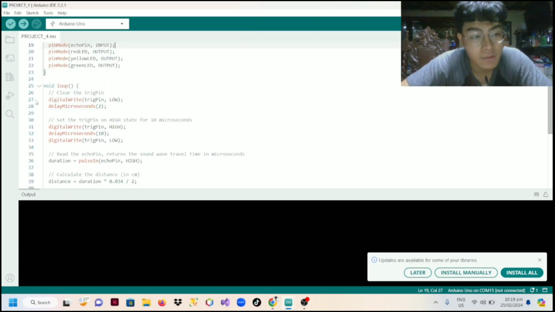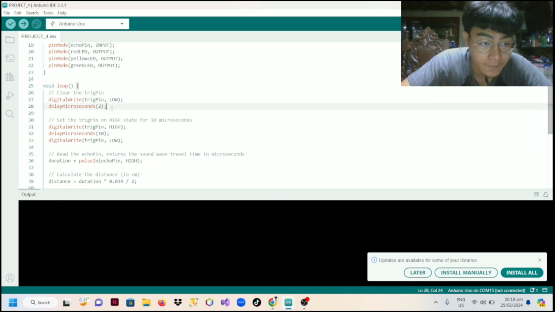Next one will be our void loop function. In here we have this, of course, common function in Arduino, which is digitalWrite trig pin LOW, and this will be clearing the trigger pin. Next one will be the delayMicroseconds 2, and it will be a short delay before we proceed to setting the trigger pin to HIGH, which is this one.